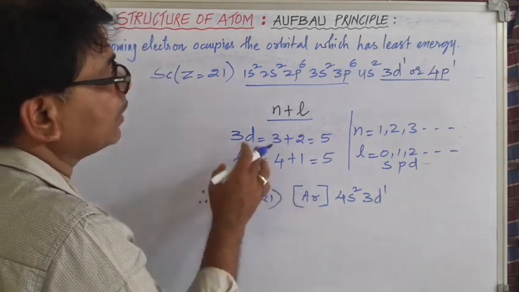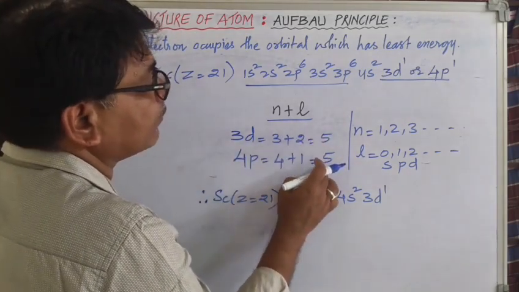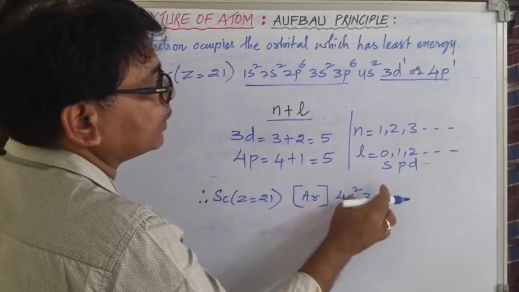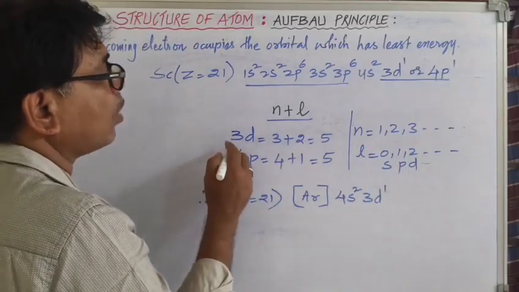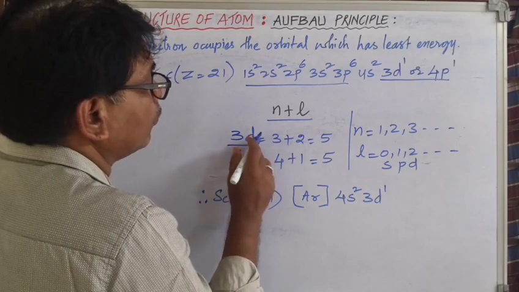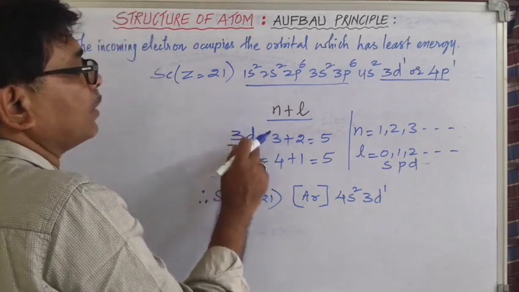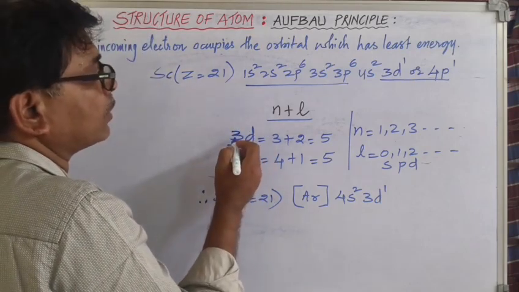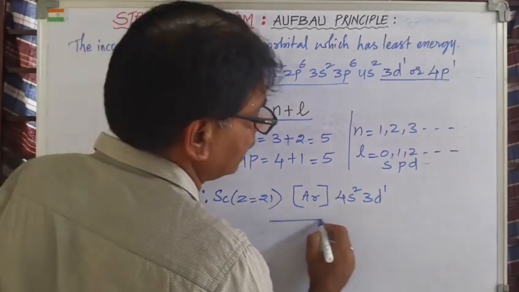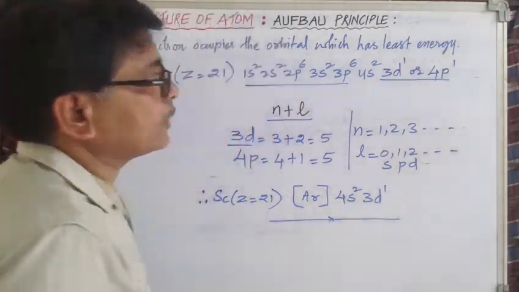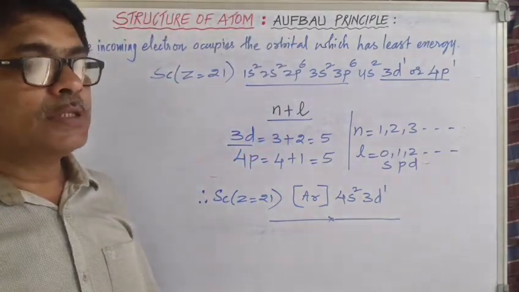If both have the same n plus L value, then the incoming electron should be given to the orbital whose n value is less. The n value of this d orbital is 3. Therefore, this is the final one. This is how we explain Aufbau principle.